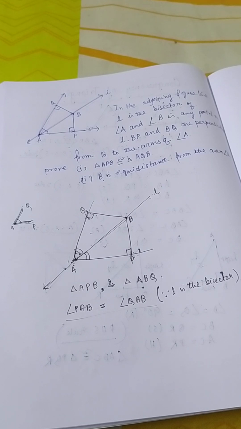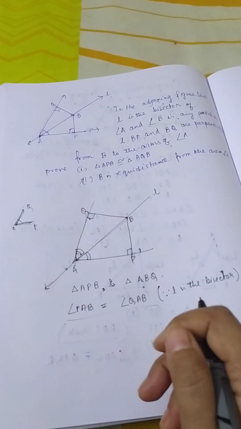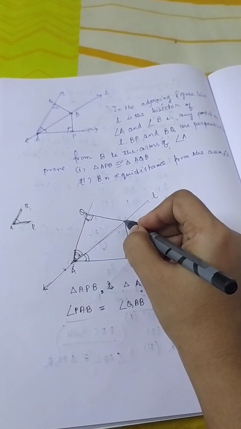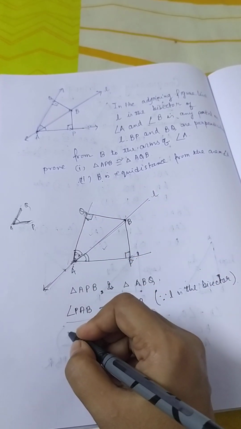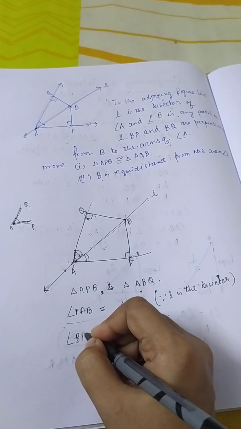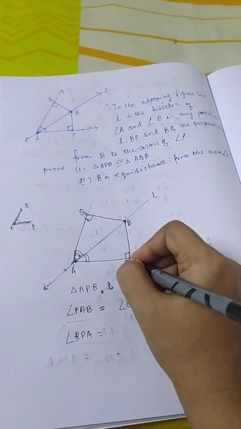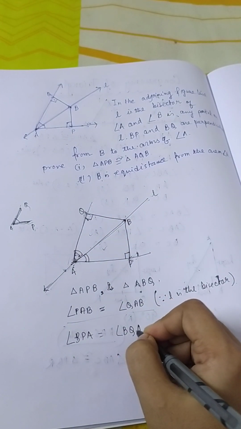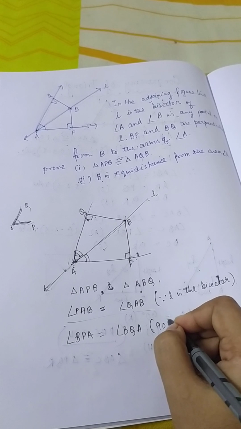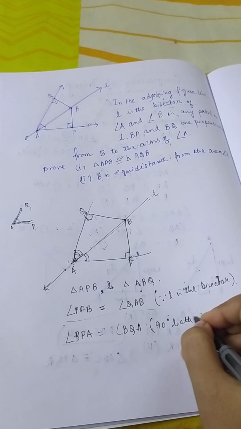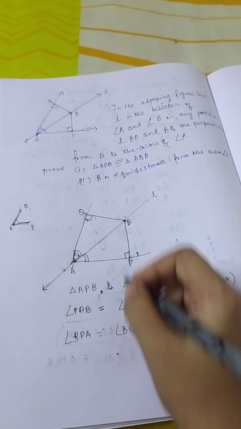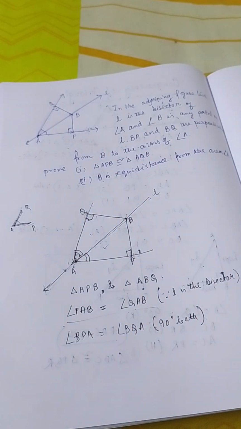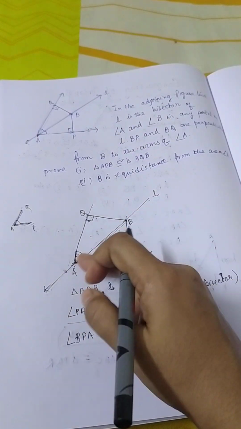Another thing we can see from these two triangles: angle BPA is 90 degrees, and angle BQA is 90 degrees. Both are 90 degrees, which is given because BP and BQ are perpendicular to the two arms of angle A. And AB is the common line between them.